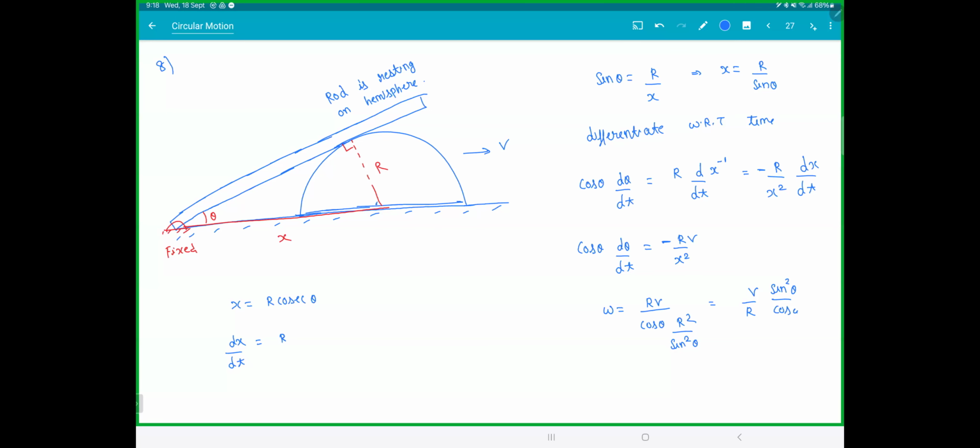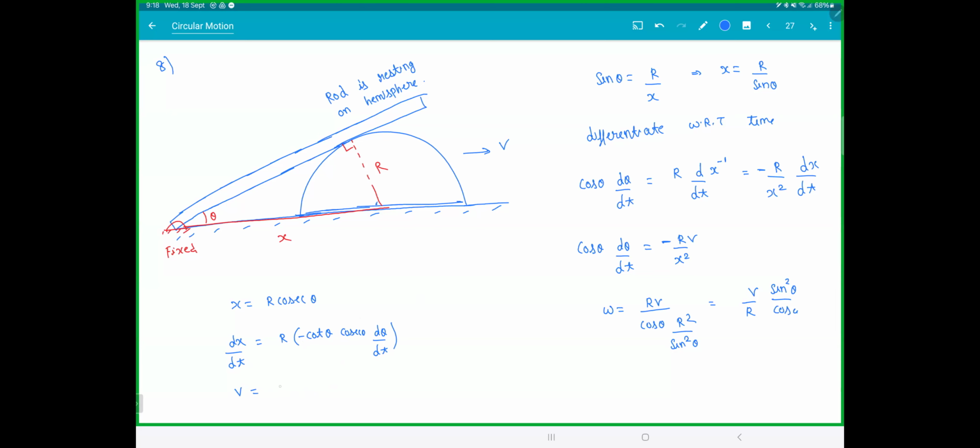Dx by dt would be r minus cot theta secant theta d theta by dt minus cot theta cosecant theta. You have to use cos by sine theta and use f of x by g of x.